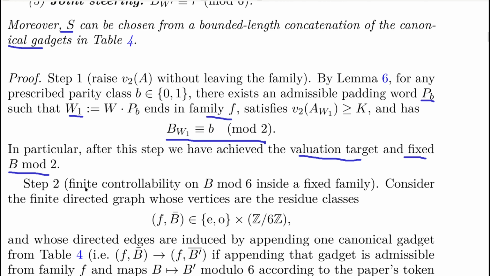Step 2, finite controllability on B mod 6 inside a fixed family.